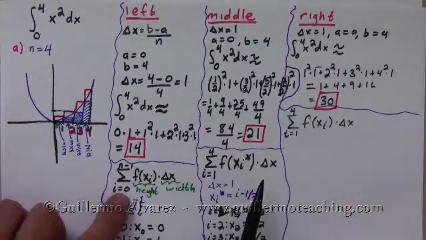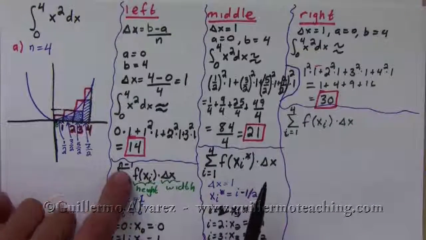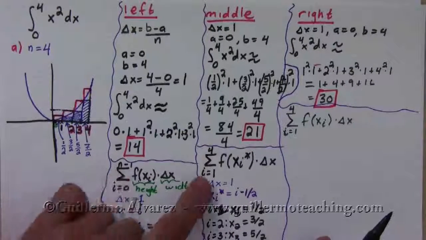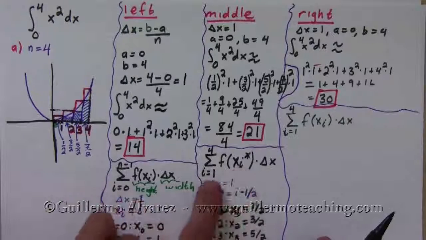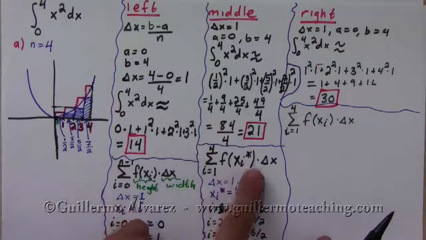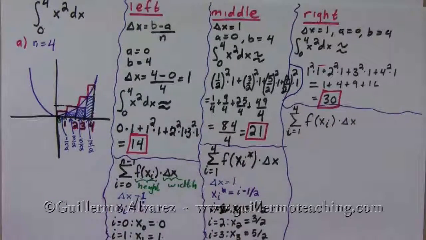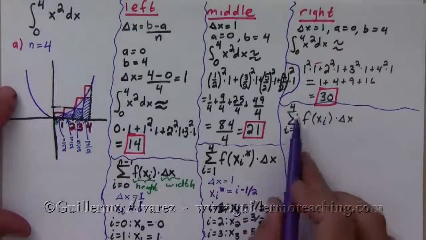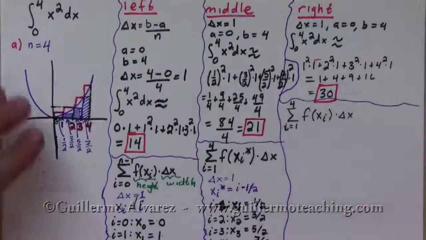Here for the left one, we start at 0 and go up to 1 less than what n is. So here it would be from 0 to 3. The middle one, we go from 1 to 4, but we put a star there to symbolize that it's going to be in between each of the values.